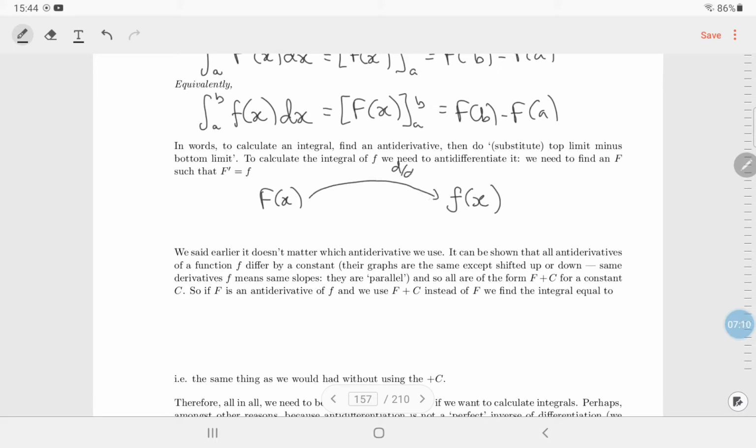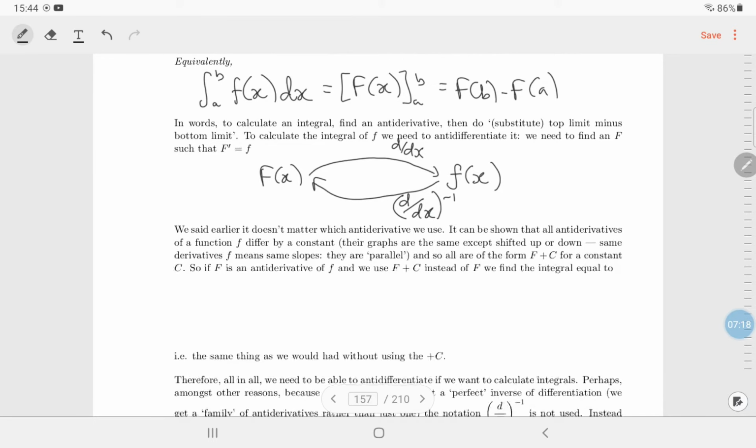That's what antidifferentiation is, and we're not worrying about the plus c, as we'll explain. We said earlier it doesn't matter which antiderivative we use because there are loads of them. It can be shown that all antiderivatives of a function f differ by a constant. There's a little bit more to it, but basically that. So they're all of the form F plus a constant.